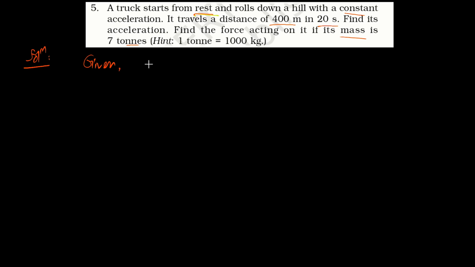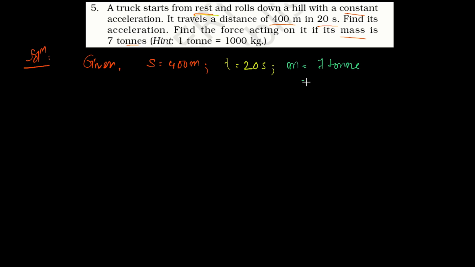What is given? Distance. I will represent the distance by s, so s is equal to 400 meters. Time is given as t equal to 20 seconds. And mass m is given as 7 tons.